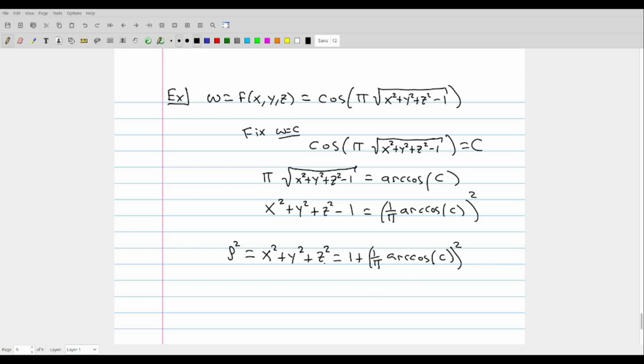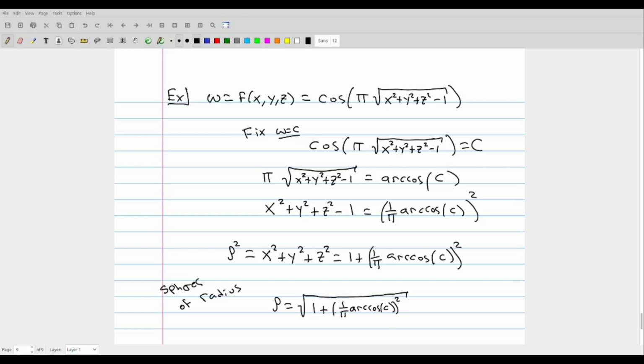So what this means is that the level surfaces of this function are spheres of radius rho equal to the square root of 1 plus 1 over pi arc cosine of c, squared. That's what the level surfaces are. They're spheres of these varying radii.